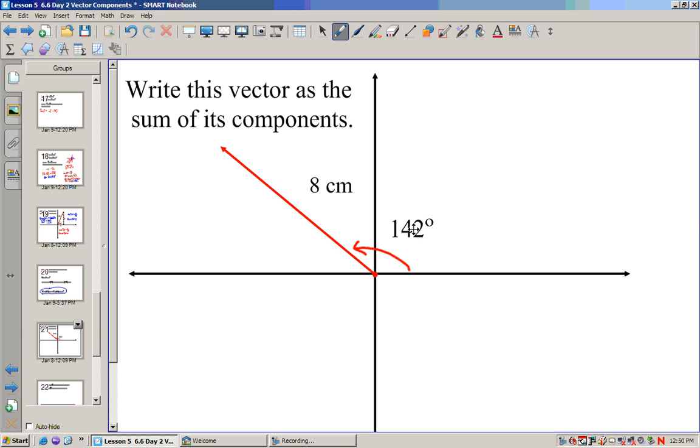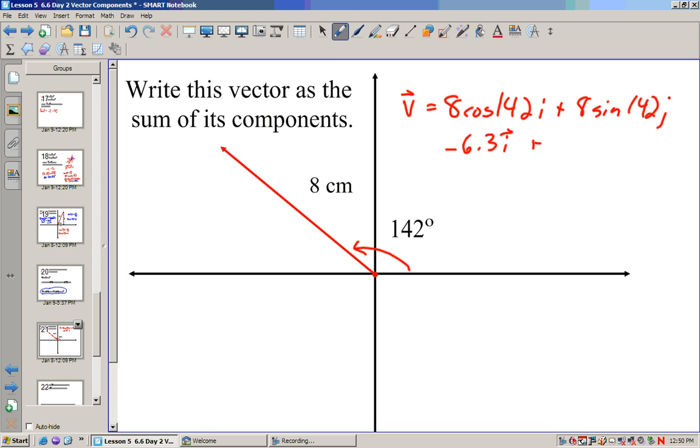So in this situation, we know our angle is 142, we know our magnitude is 8. So if I want to find vector v, it'll be 8 cosine 142i plus 8 sine of 142j. So 8 cosine 142, that's negative 6.3i.